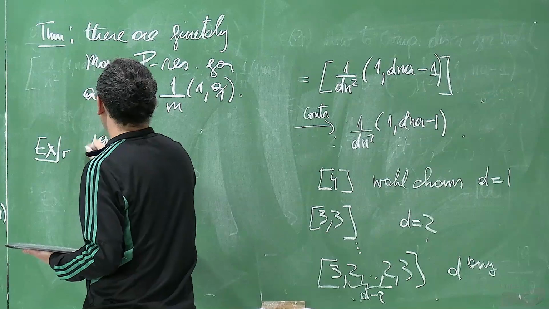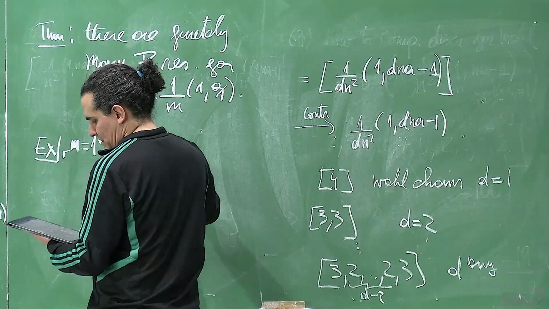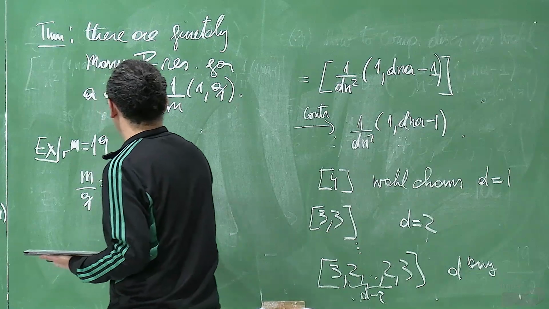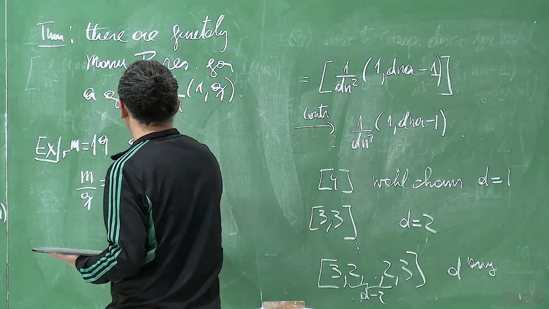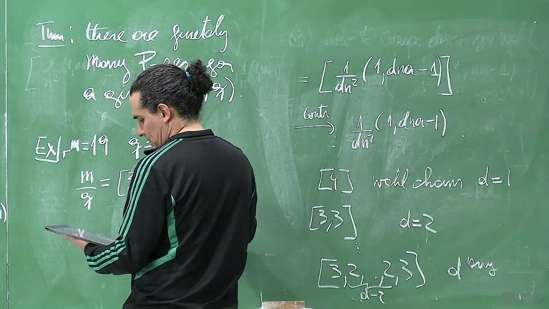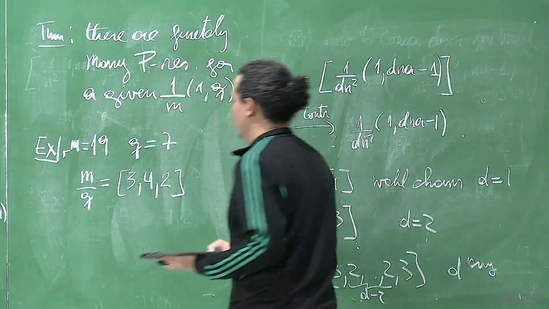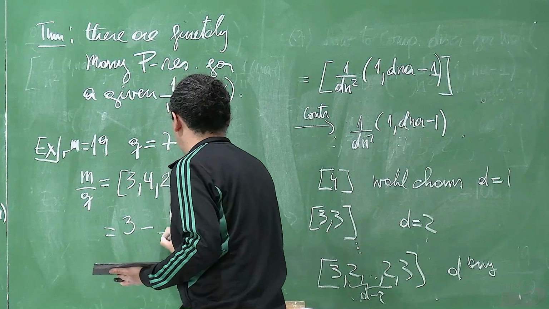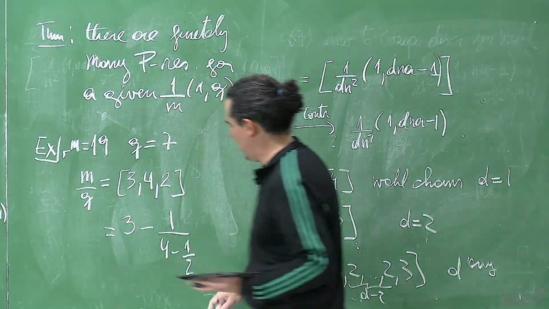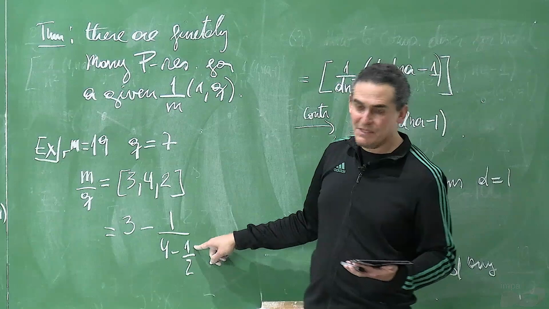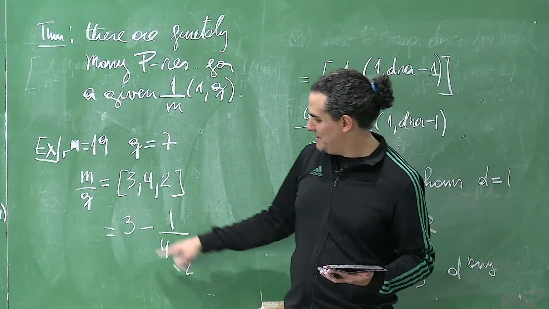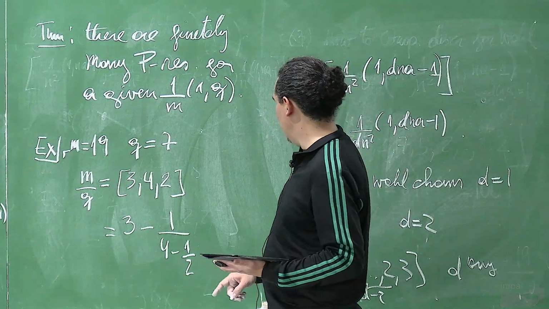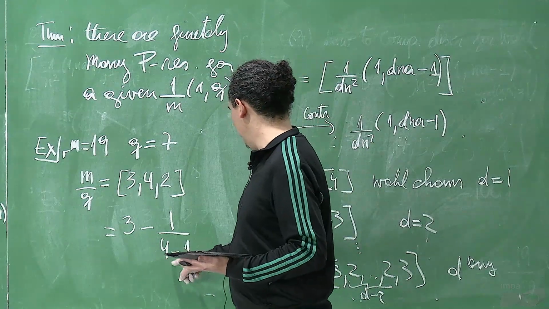If you take m equals 19 and q equals 7, then m over q is [3,4,2]. So this is 3 minus 1 over 4 minus 1 over 2. You can compute here: 8 minus 1 is 7, so you have the 2 here, and then 7 over 3.